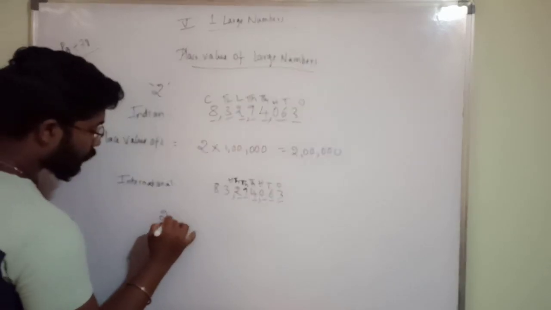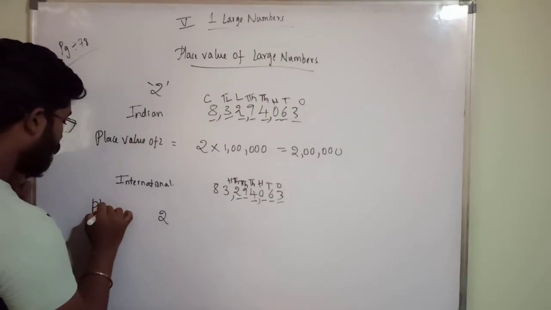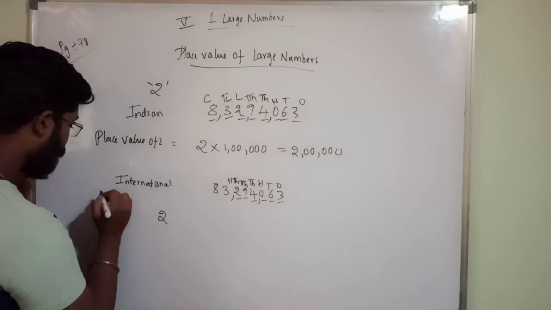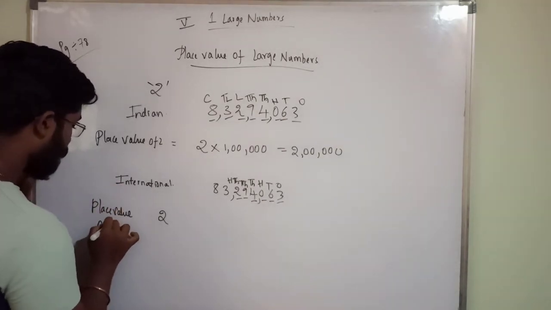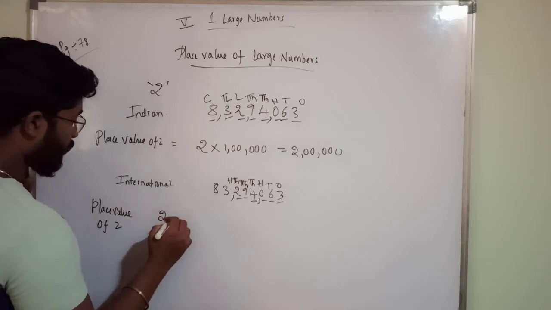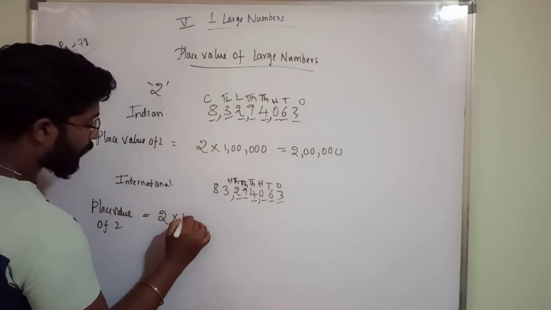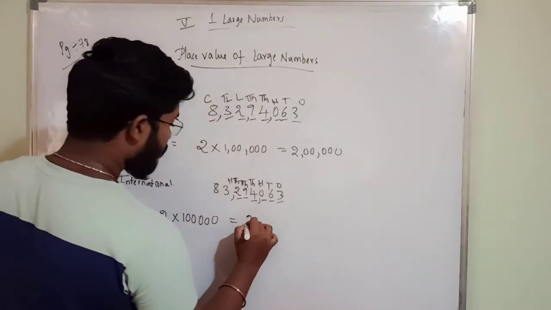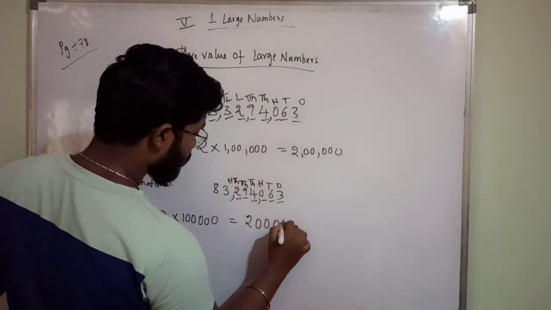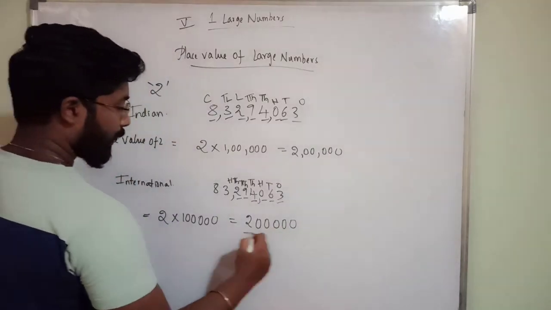Okay, so place value of 2 equals 2 into 100,000. Okay, so what is the answer? 200,000 is the answer.